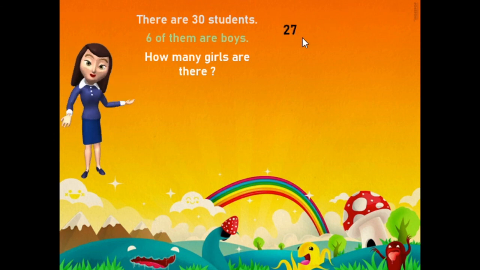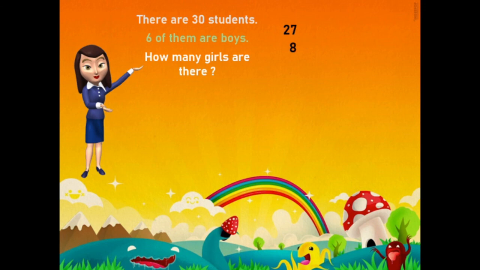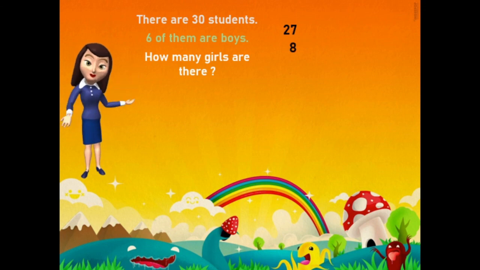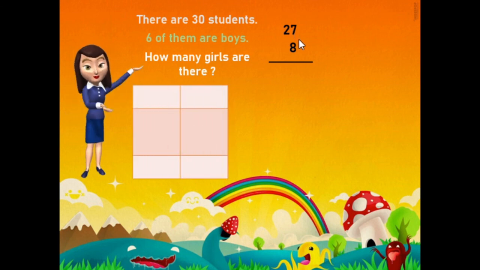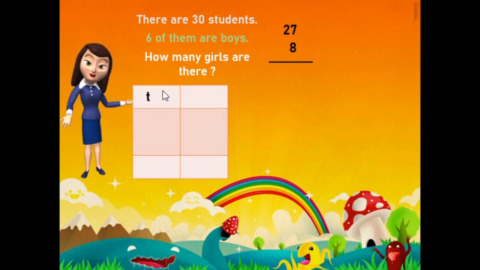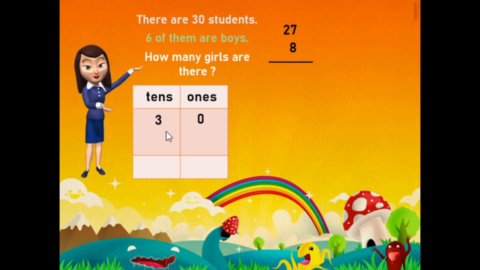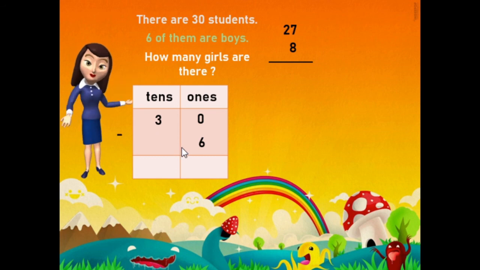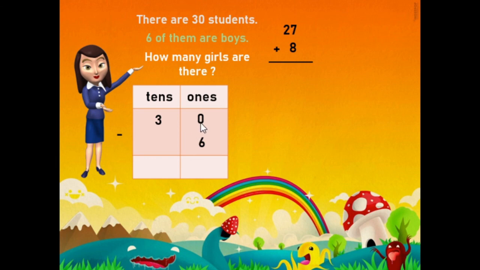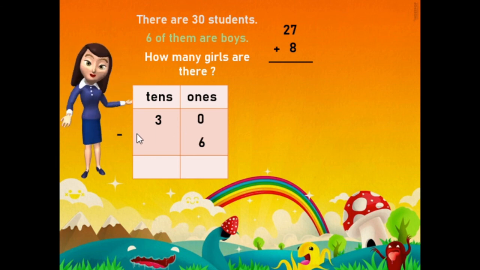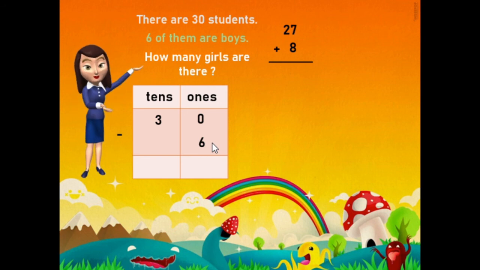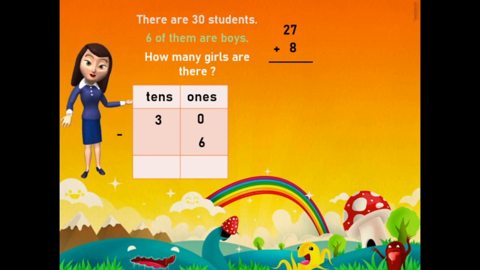So let's have this. This would be the number sentence: 30 minus 6. Tens and ones, 3, 0, 6. So what are we going to do? 0 minus 6 cannot be subtracted because 0 is very small.